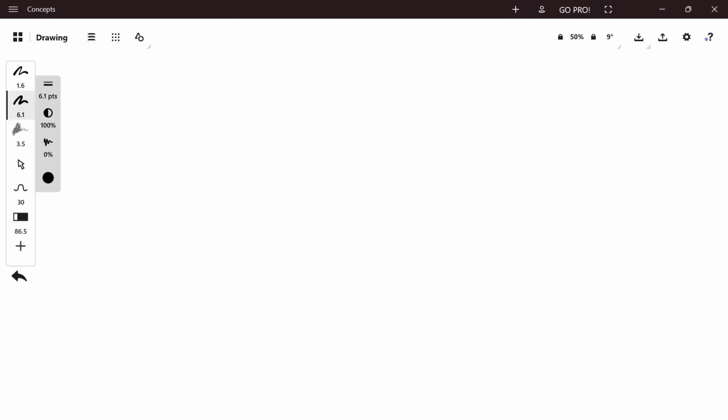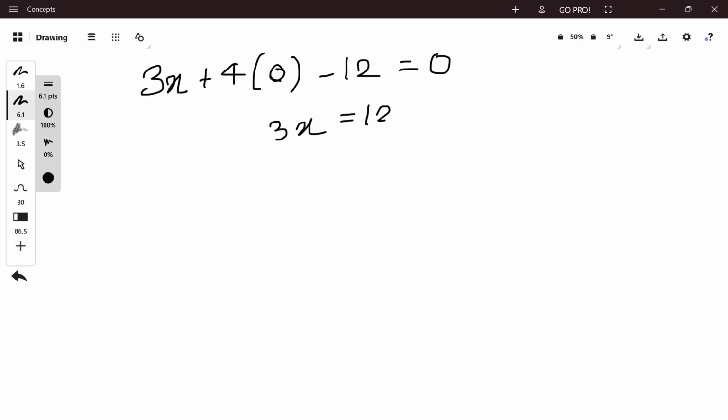So 3x + 4 × 0 − 12 = 0, that is 3x = 12, so x = 4. So point A is (4, 0).